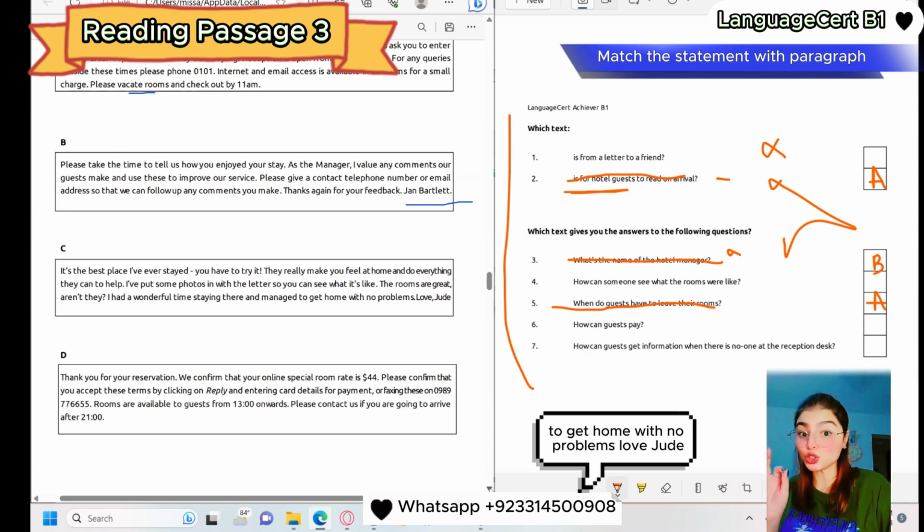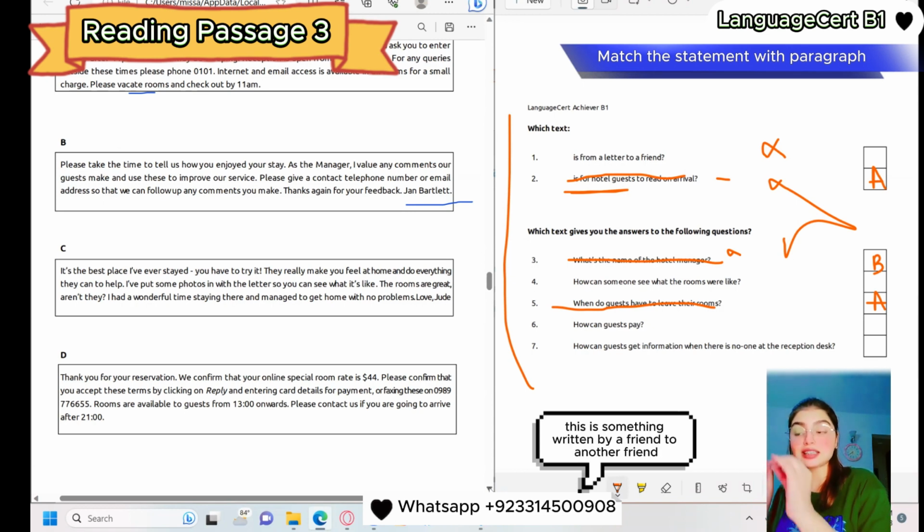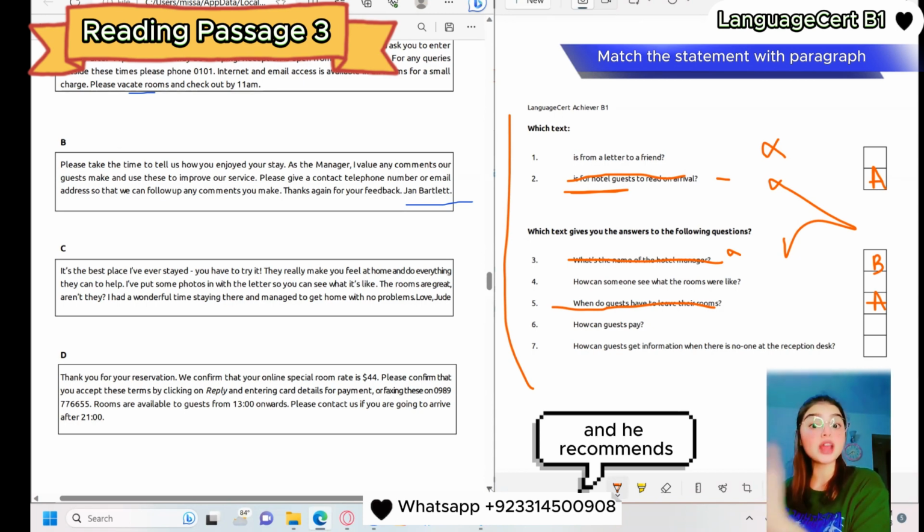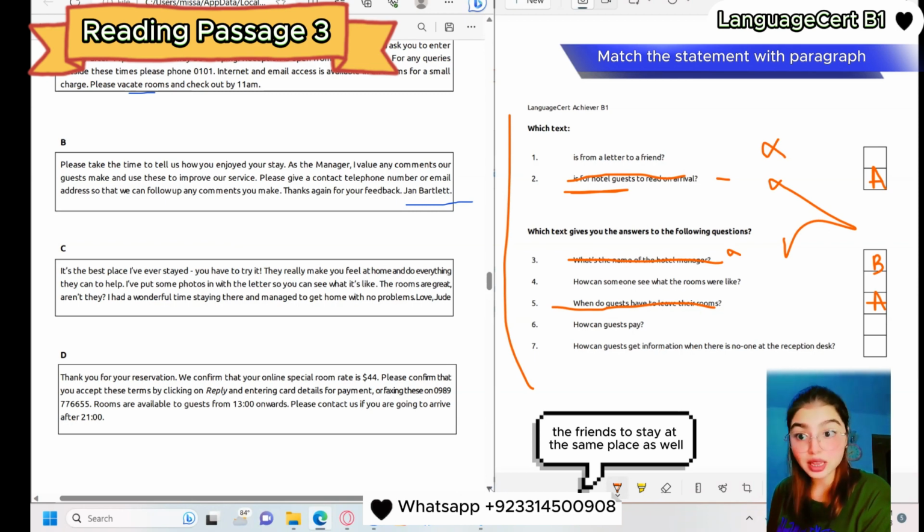Love, Jude." We can absolutely see that this is something written by a friend to another friend, and he's describing his entire experience of staying at a place, and he recommends the friend to stay at the same place as well. So I believe that without much ado, we can choose that it's from a letter to a friend, right? So I'm going to pick C as an answer in here.